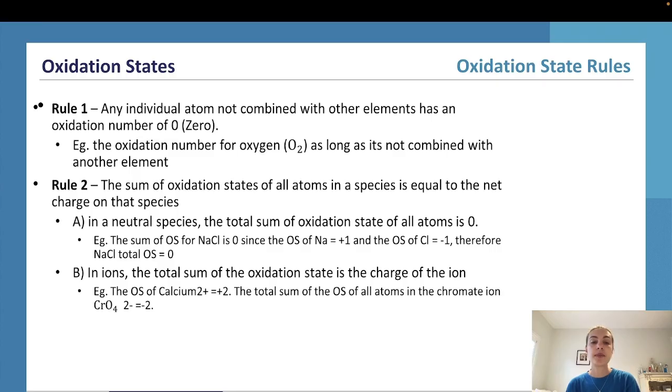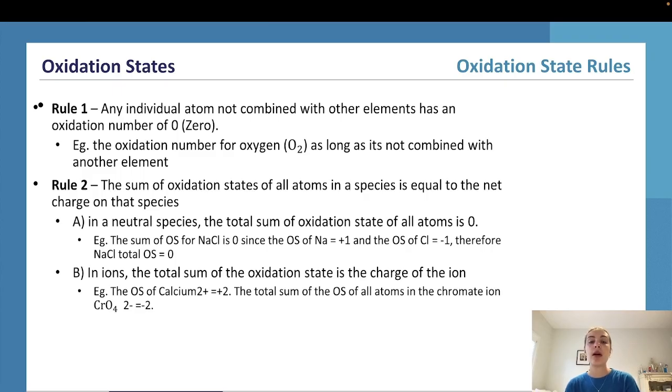And so if we're considering just an individual ion in its own regard, we don't need to consider anything else. We can just say that the oxidation state of the calcium in calcium 2+ is 2+. However, if we're considering an ion which has multiple different atoms and multiple different elements in it, the total sum of the oxidation states of all of those is going to add up to the charge of that particular ion.